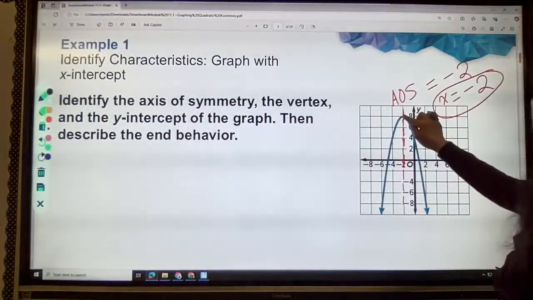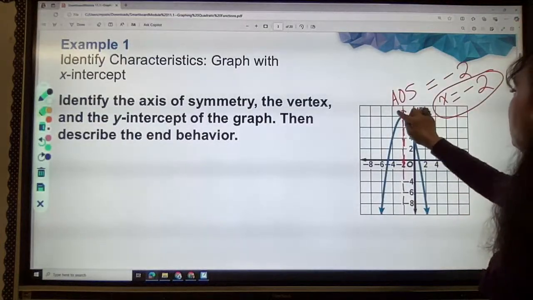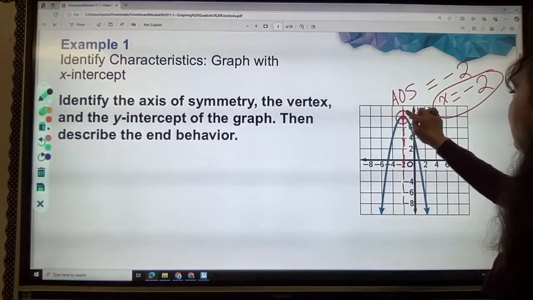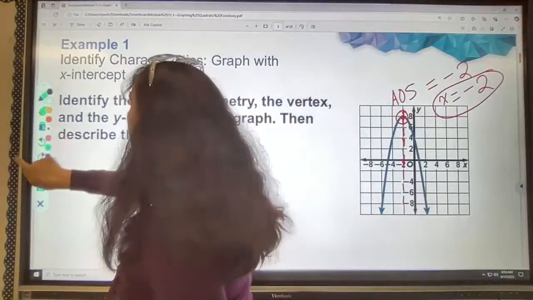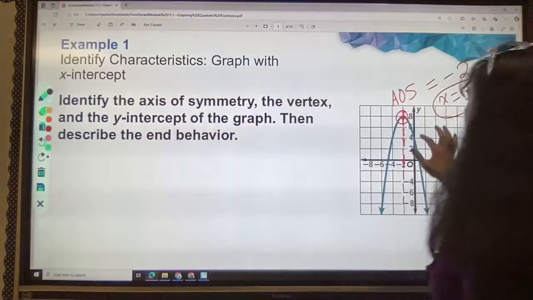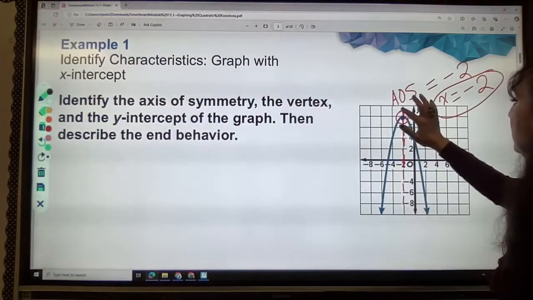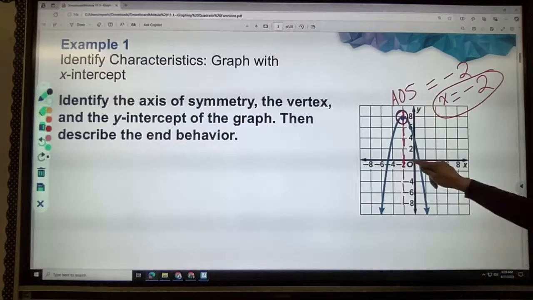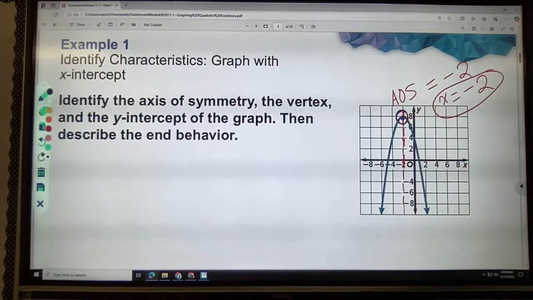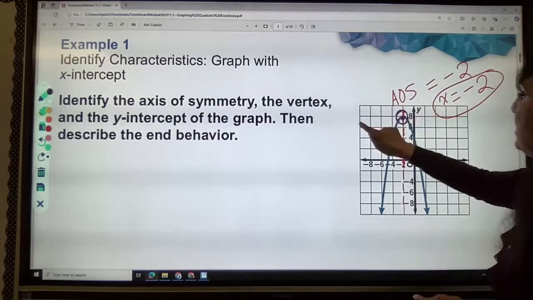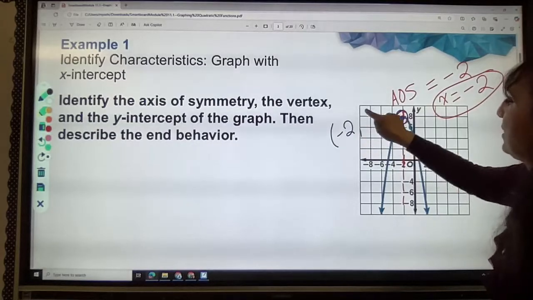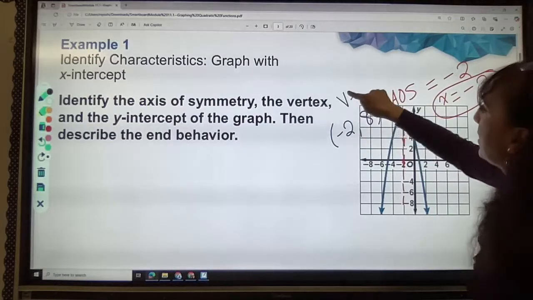This is the point that I am looking at. So this is -2, and we have 8. So my vertex is (-2, 8).